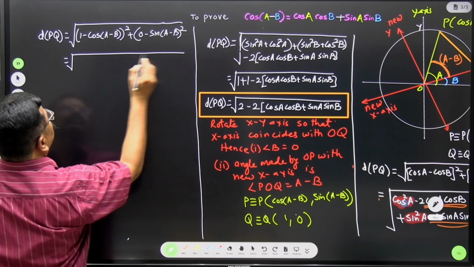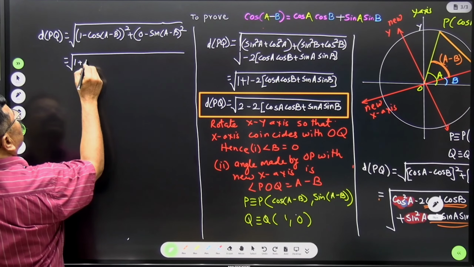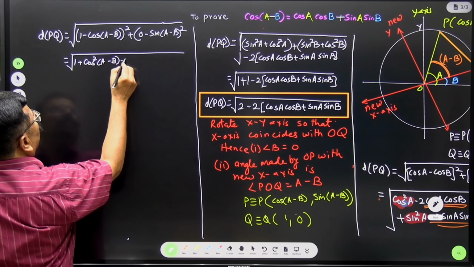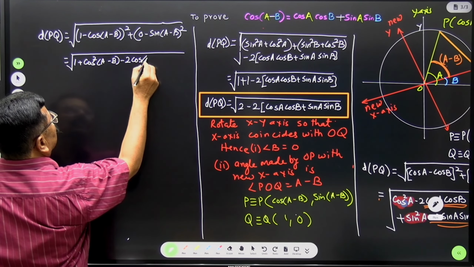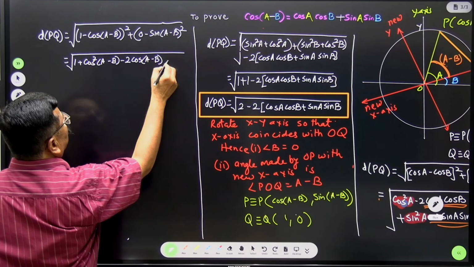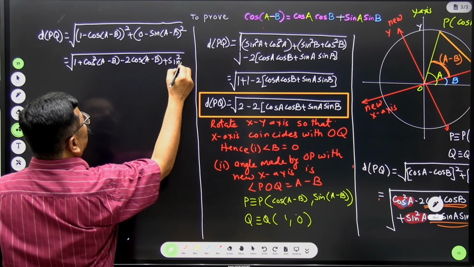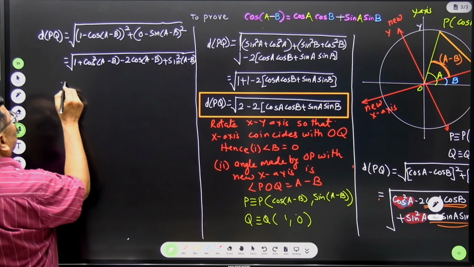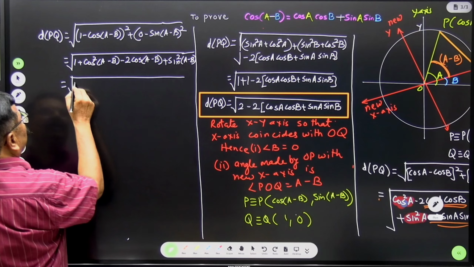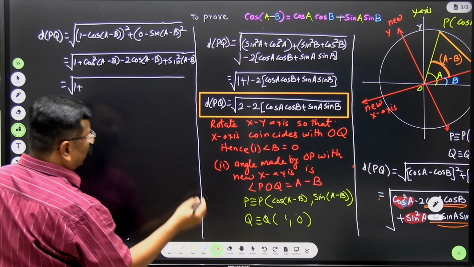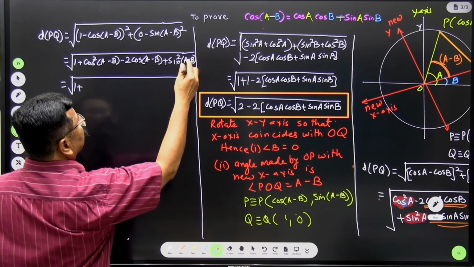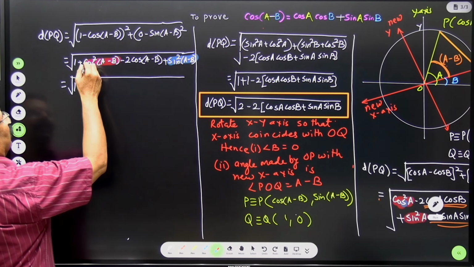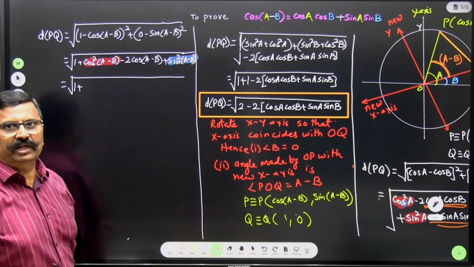Under root 1 plus cos square(A minus B) minus 2 cos(A minus B) plus sin square(A minus B). Now here again I will take these two terms together, sin square(A minus B) and cos square(A minus B).